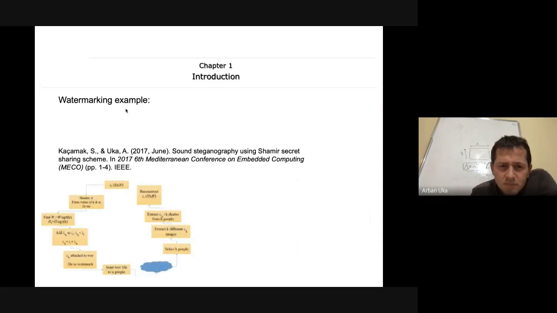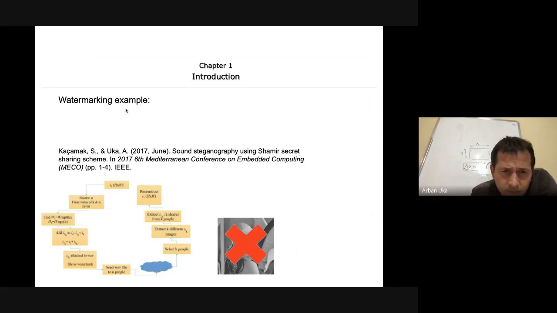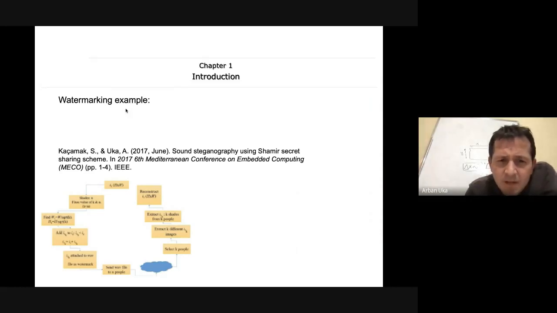Now, some examples that can be used in image analysis are, for example, sound steganography, or how we can hide information, or how we can encode information into some other different modalities. Here, we had some work which was published, where we were trying to hide a specific image.